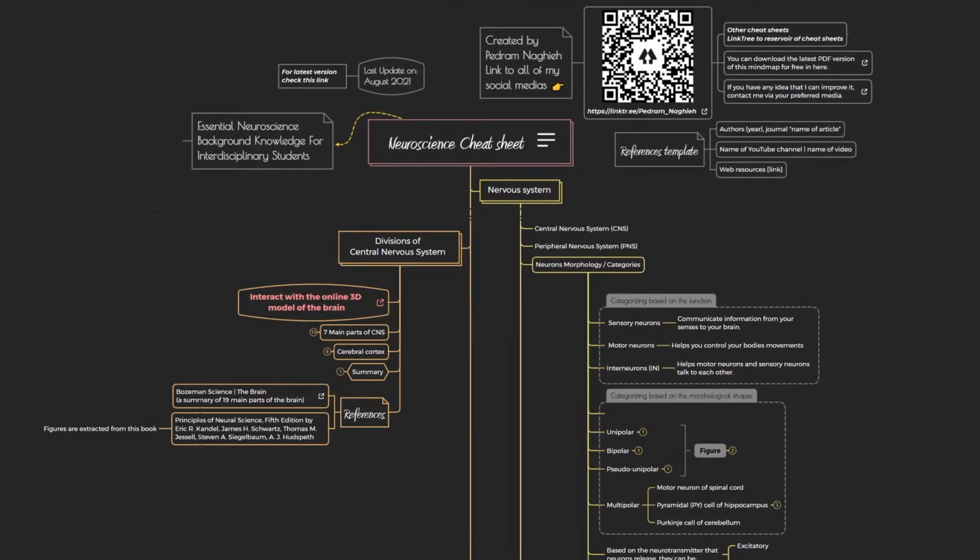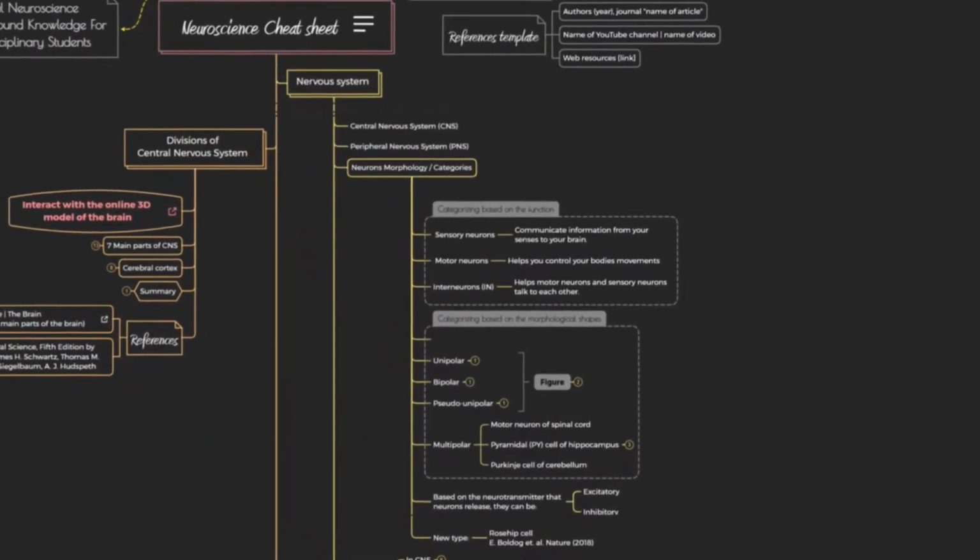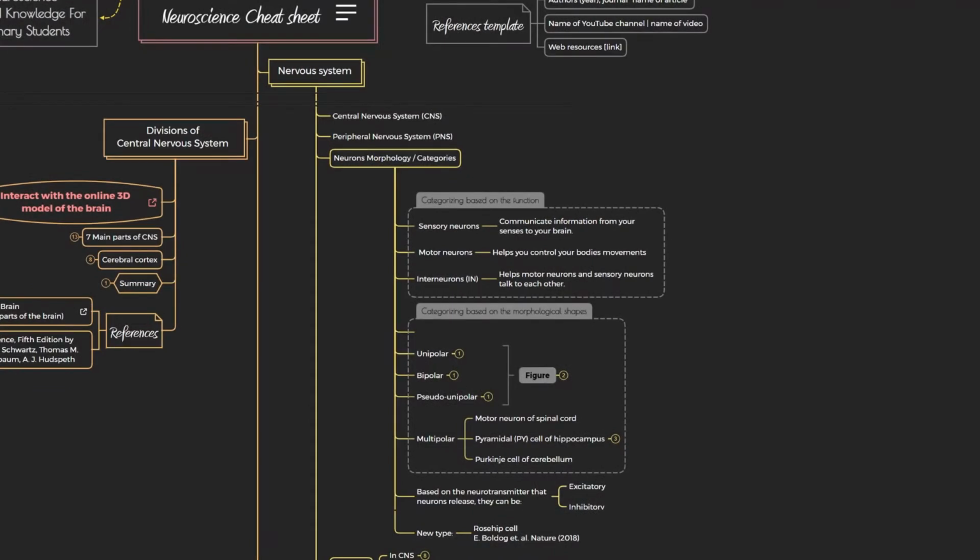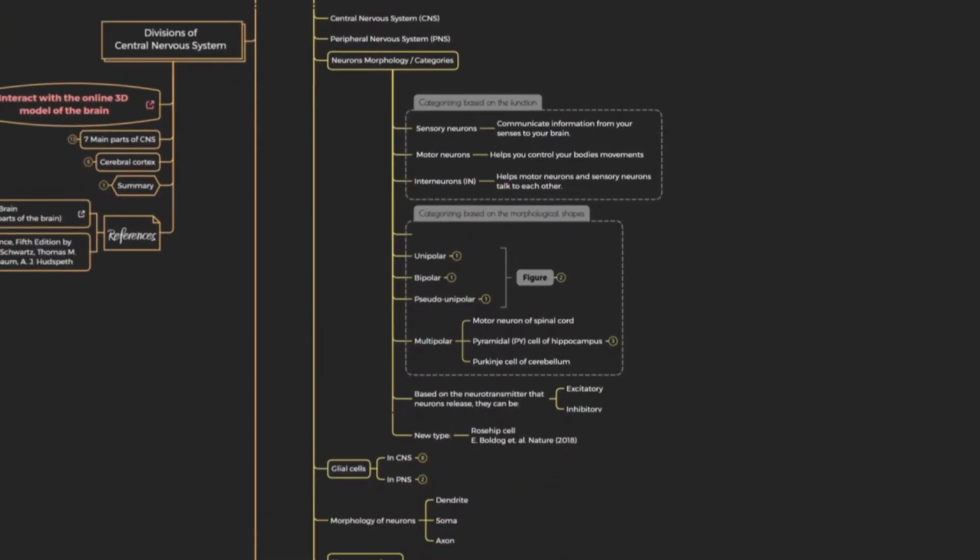So the neuroscience cheat sheet. The left part is the different parts of the brain, and there's a link to a 3D version of the brain. I highly recommend you check it out. And on the right part, we get into more detail of what's going on in the central nervous system of the brain. We take a look at the different neuron types and how we categorize them.